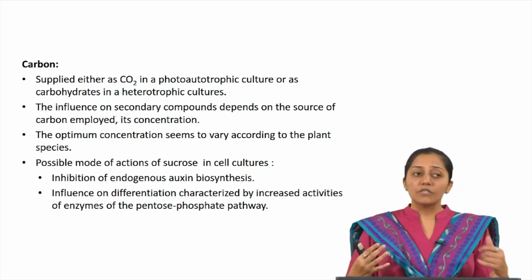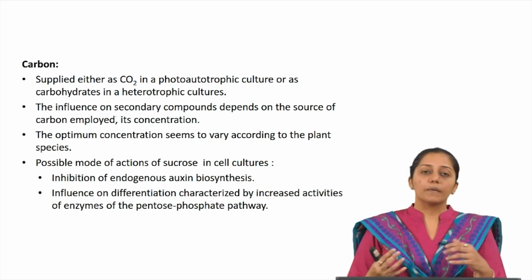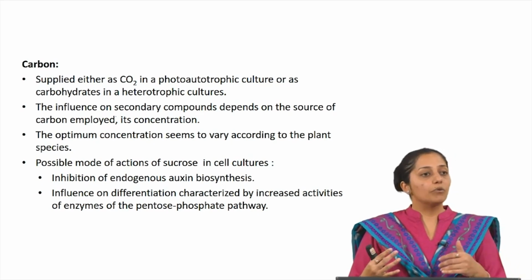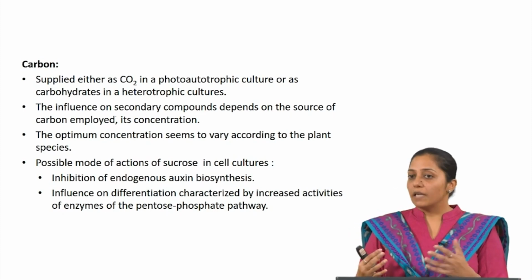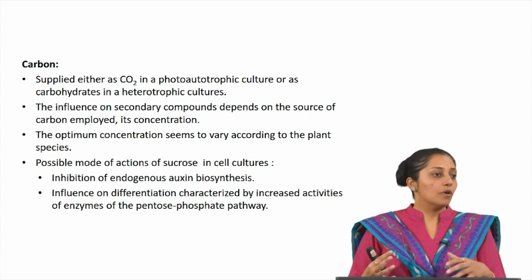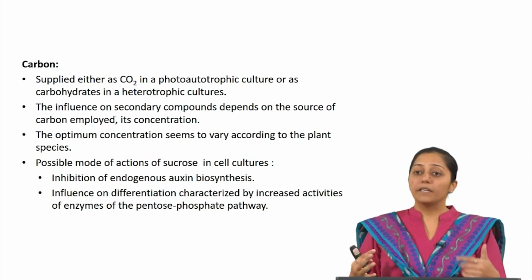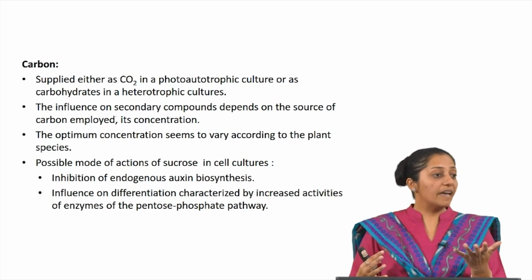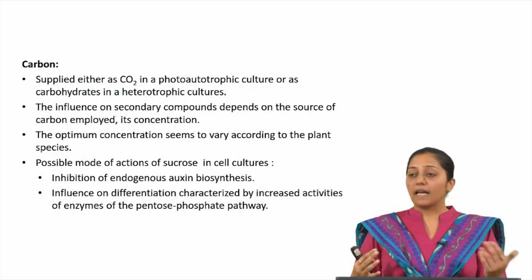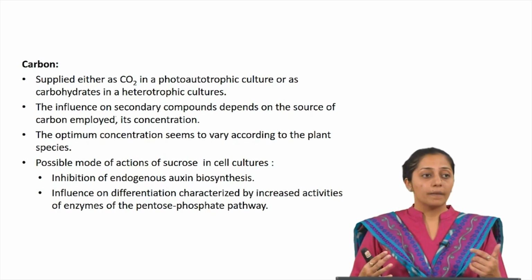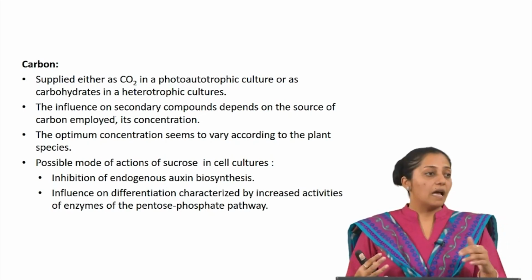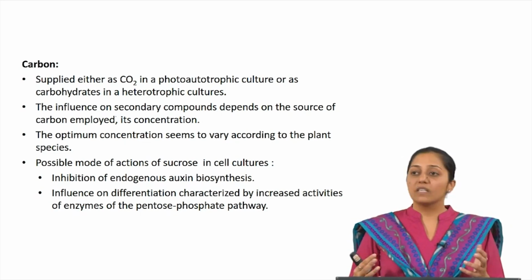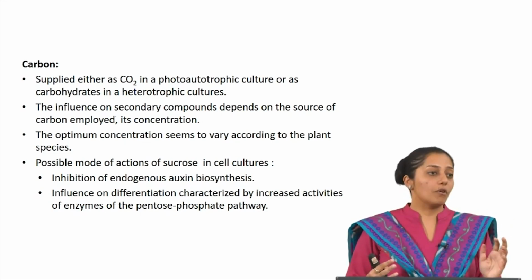But if it is a mixotrophic culture, suppose your secondary metabolite is found to be connected with chlorophyll biosynthesis, then you would like to have green cultures. So, for more chloroplast production you might need to shine light on the cultures. Then gradually the cultures will become mixotrophic because you are also providing a carbon source and there is light in the cultures. So, these cultures are called mixotrophic cultures.